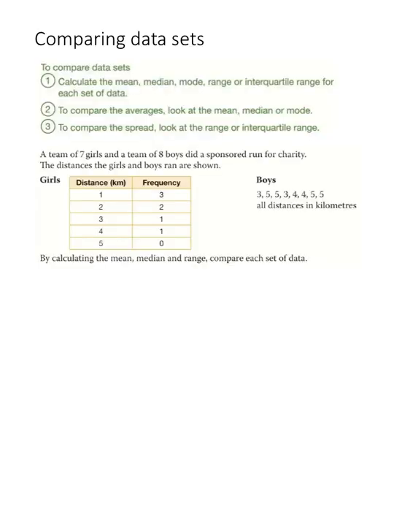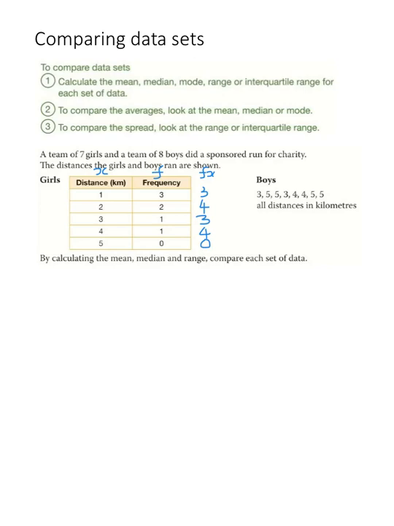So we've been asked to work out the mean, mode, range or interquartile range for each set of data. So looking at the girls, this is going to be my x value. Here's my frequency. To work out the mean, we need to work out f times x. So 1 times 3 is 3, 2 times 2 is 4, 3 times 1 is 3, 4 times 1 is 4, and 5 times 0 is 0.